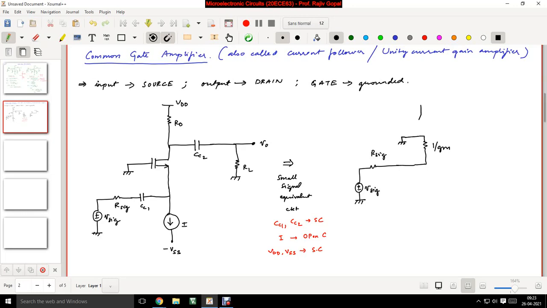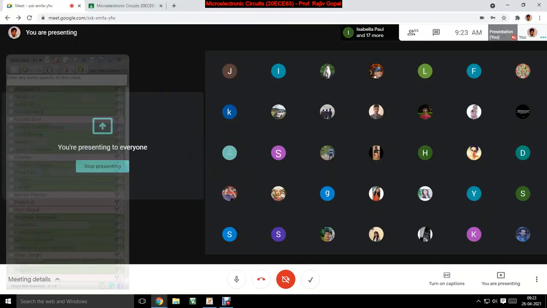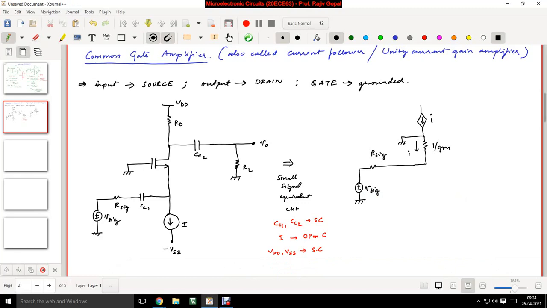This is actually a current source. Remember, it is a T model which I am using. So if I call it I, whatever current flows like this, that will also be I.